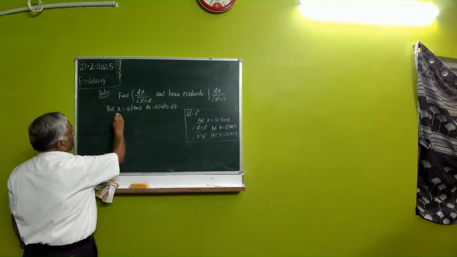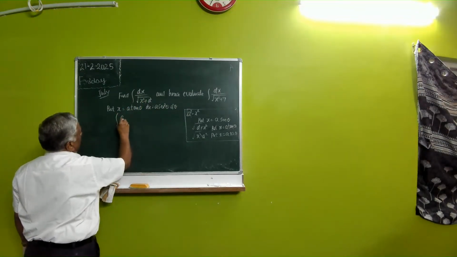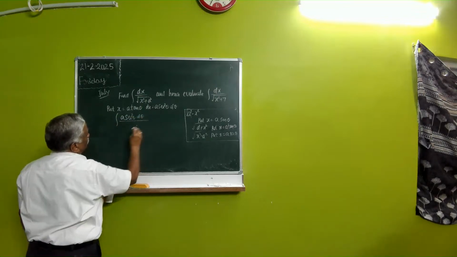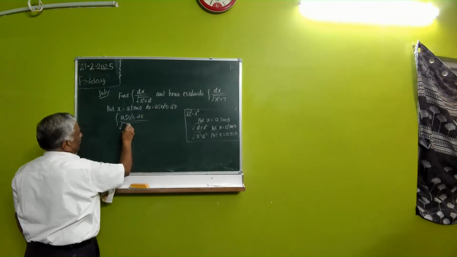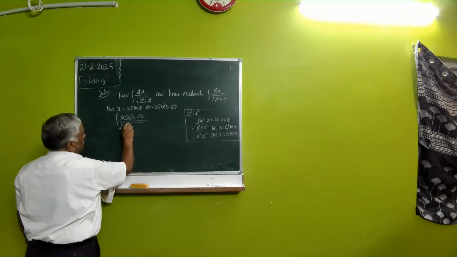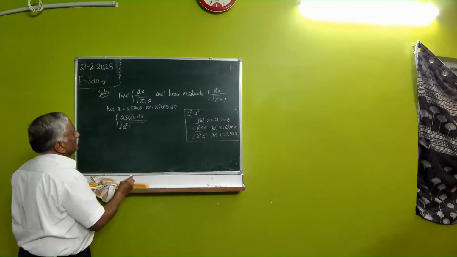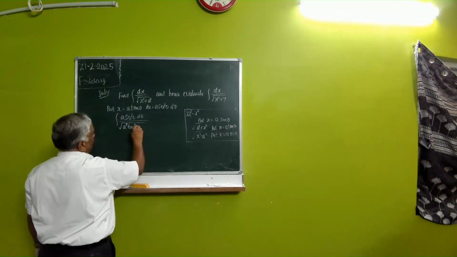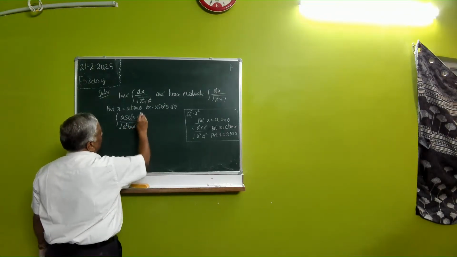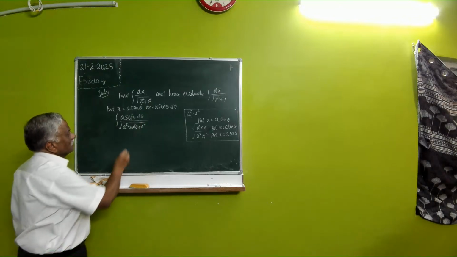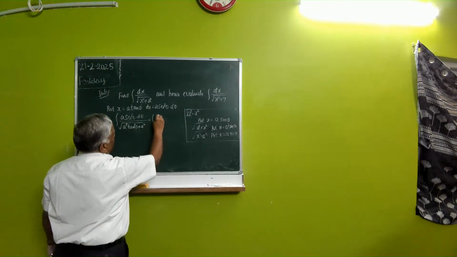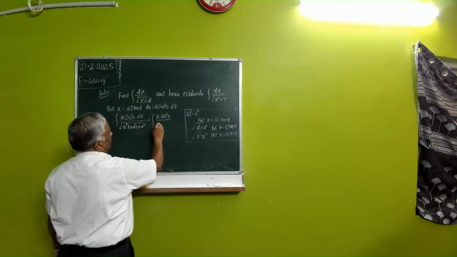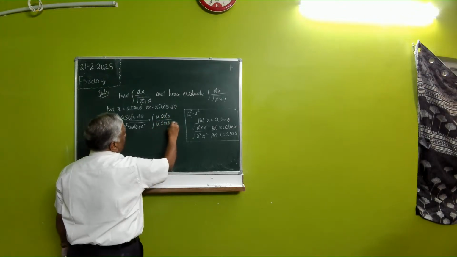Now you substitute. dx is a secant square theta d theta, root of a square tan square theta plus a square. Again, x square plus a square is there. If you simplify, you get a secant square theta divided by a secant theta d theta.